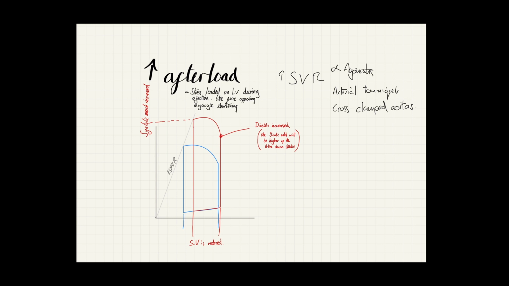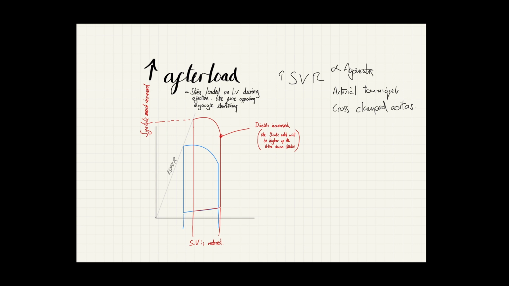So it takes longer, takes more pressure before you can start emptying the LV. And because we've spent more time exerting force to begin emptying, we are higher up the end systolic pressure volume relationship, and we've ended up here at the end of our rapid ventricular ejection.